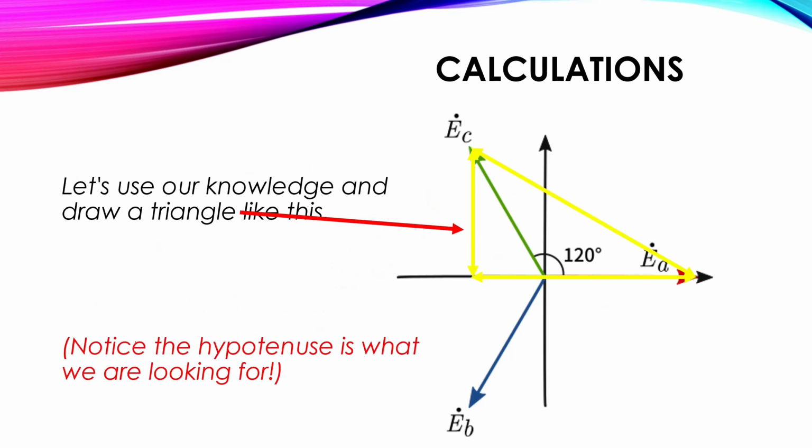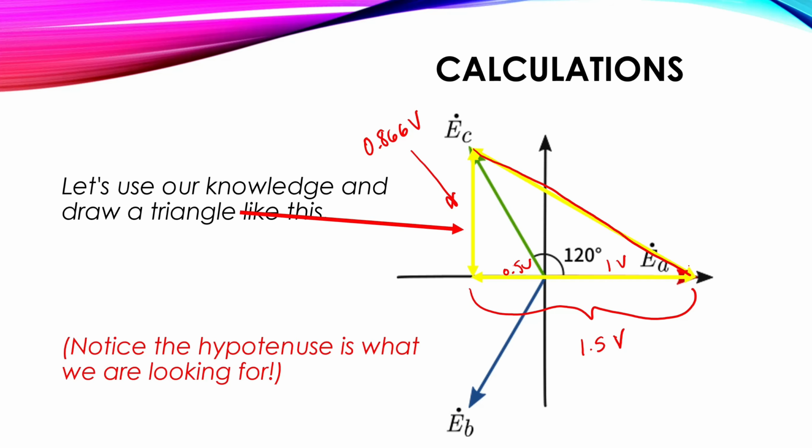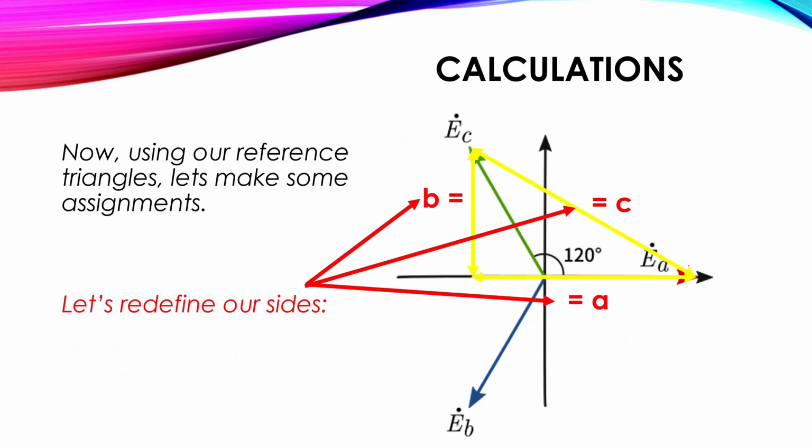All right, so now this side right here is going to be 0.866 volts. This side right here is going to be our 0.5 volt plus our 1 volt, right? So that's 1.5 volts. And then this side right here is what we're trying to solve for, okay? So we're going to go right back and do the Pythagorean theorem again, because why not?